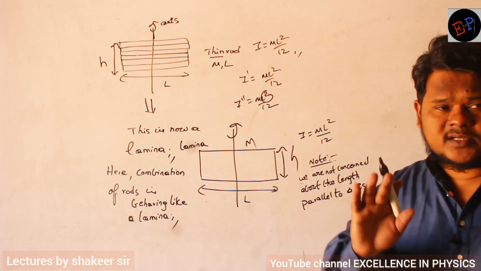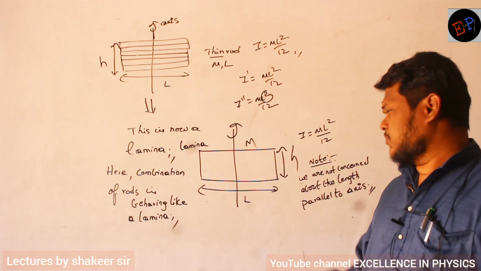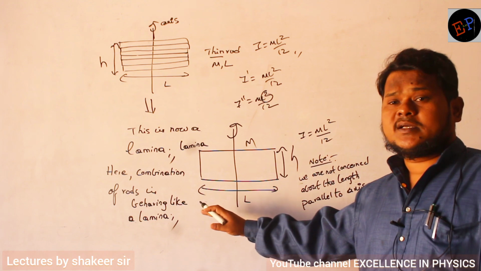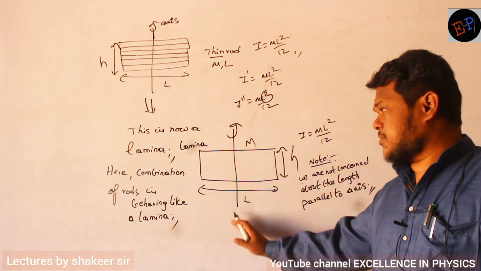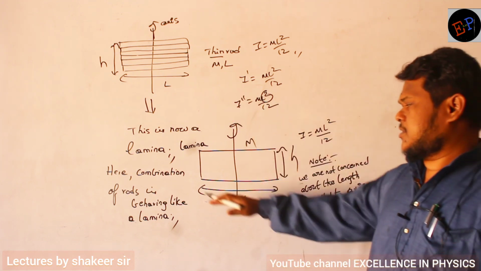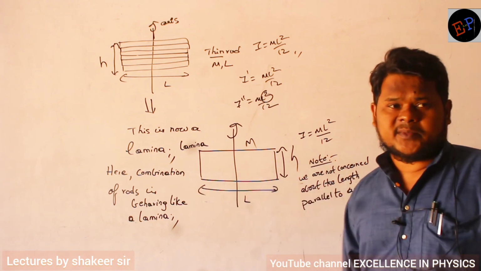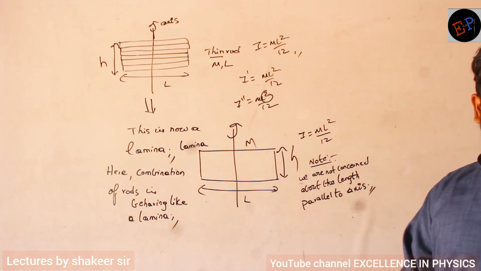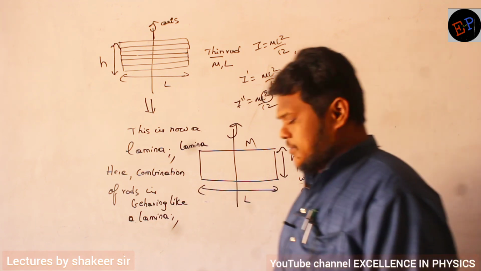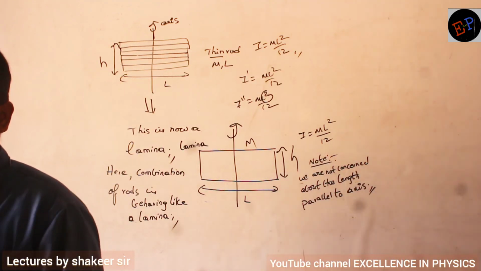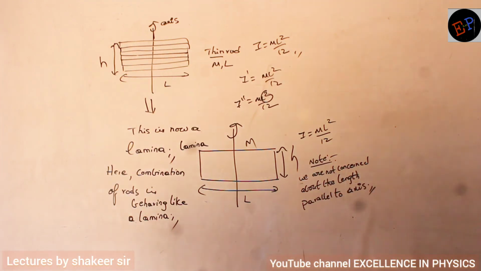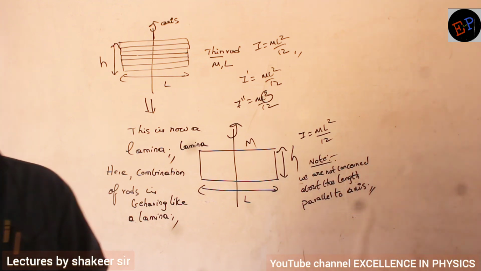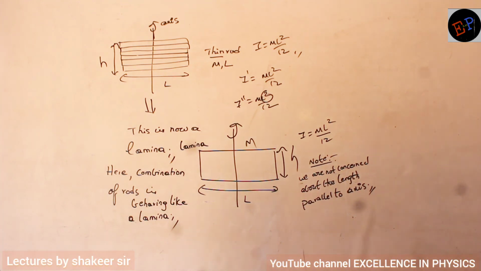So we are not concerned about h. We are concerned only about which distance? The perpendicular distance to the axis of rotation. We need only the length perpendicular to the axis. Is it clear? That's it. Make a note up to here. Understood now? So remember up to here.